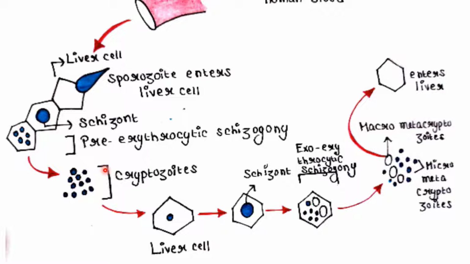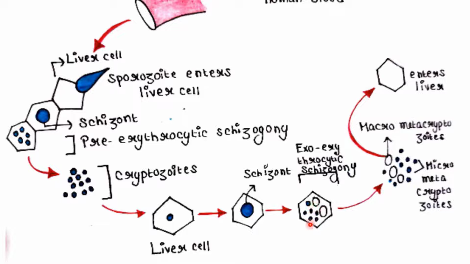These cryptozoites enter new liver cells and again grow up. Whenever a cell grows up inside the cell, it is called a schizont. Again, this schizont undergoes multiple fission or schizogony and generates a number of cells inside the liver cell, just like the previous one.